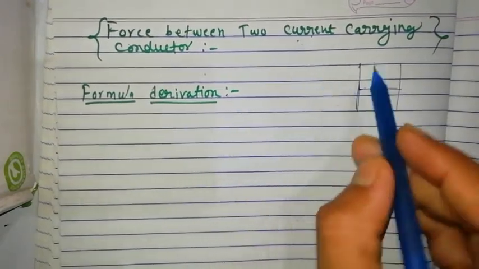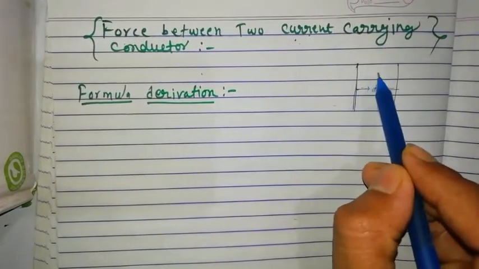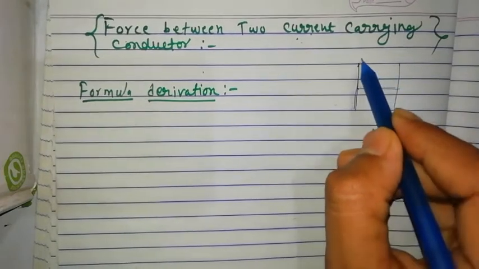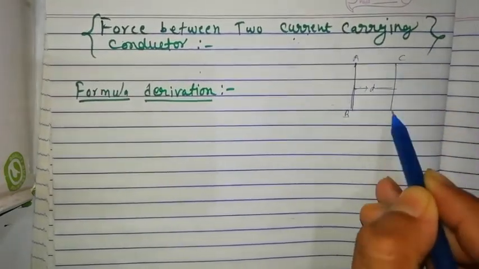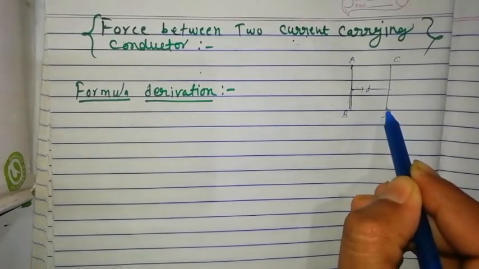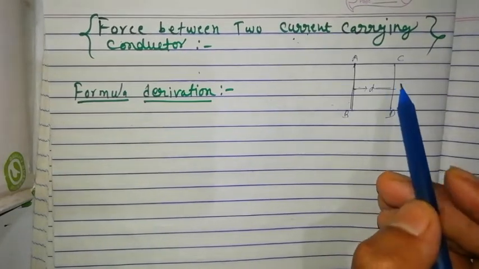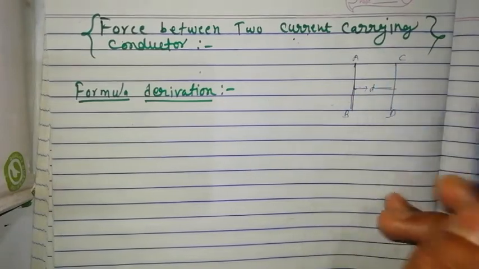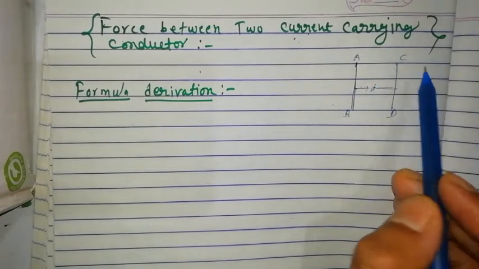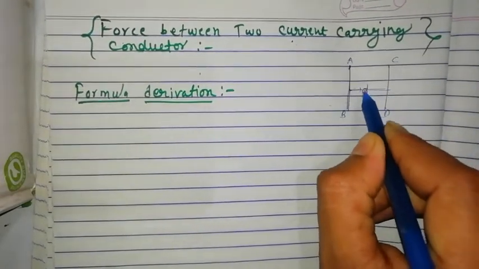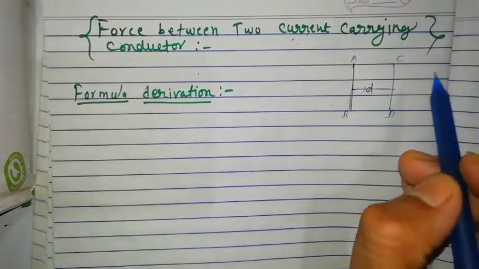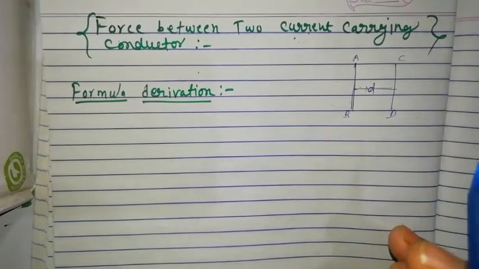Now consider two long straight conductors AB and CD held parallel to each other in the plane of paper at a distance small d apart from each other.